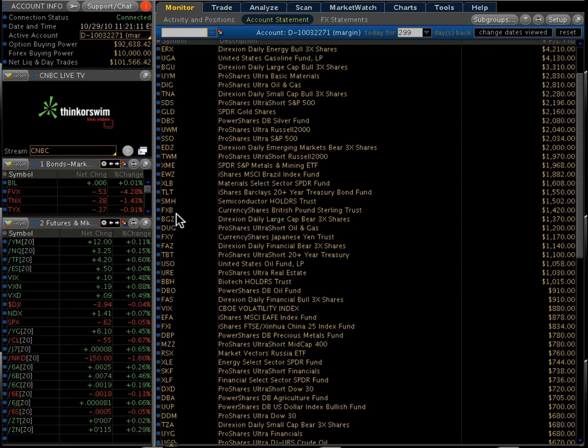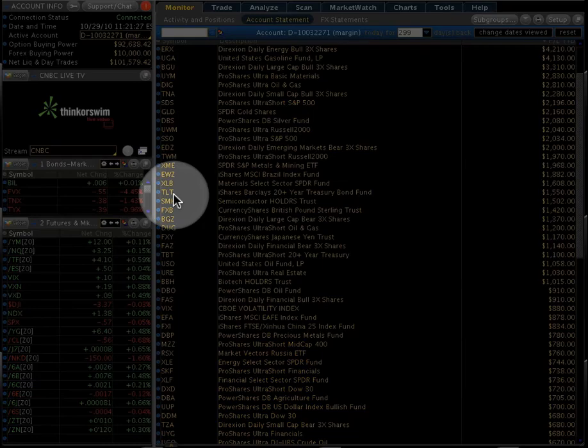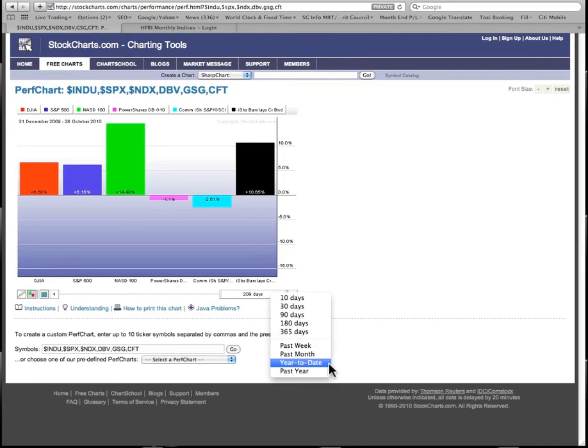FXB, that's the British Pound Currency ETF. I did not have to trade currencies separately, but I traded the options on the currency exchange traded funds in addition to the TLT. That's the 20 plus year Treasury Bond Index.